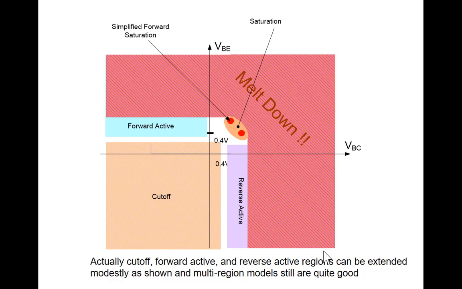For convenience, I assumed that when the base emitter voltage was less than 0 it's cut off. But if you look at that exponential relationship, e to the VBC over VT, as long as the base collector voltage is below about 0.4 volts, there's hardly any base current flowing. So I could really extend the cutoff region up to about 400 millivolts. So there's just really a small band in here where I don't have a model. Does that make sense?